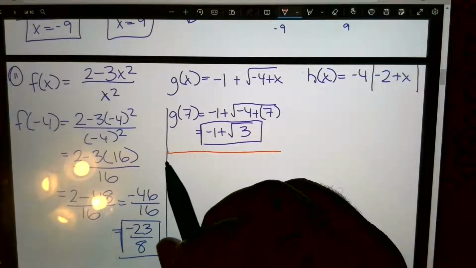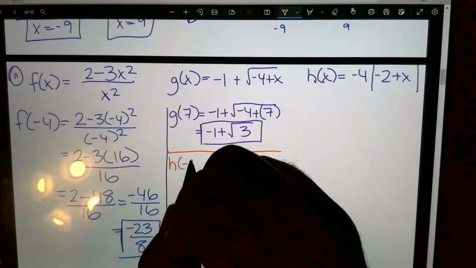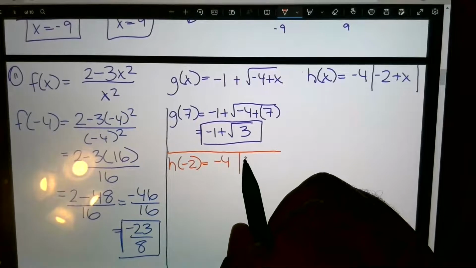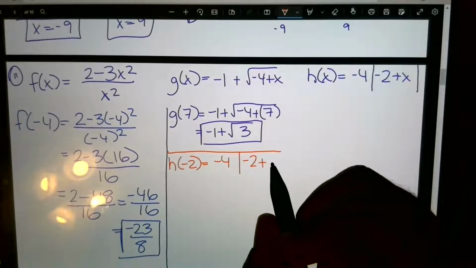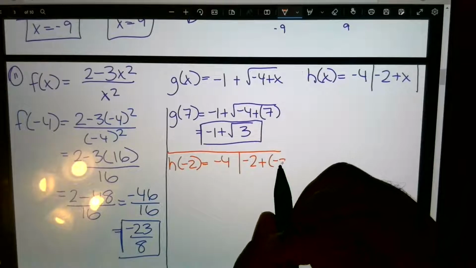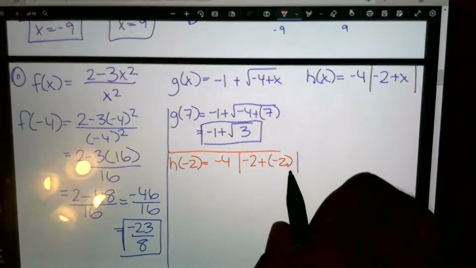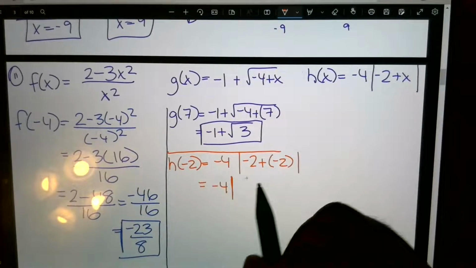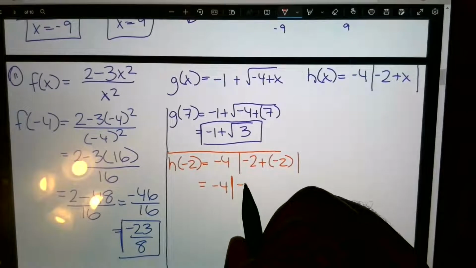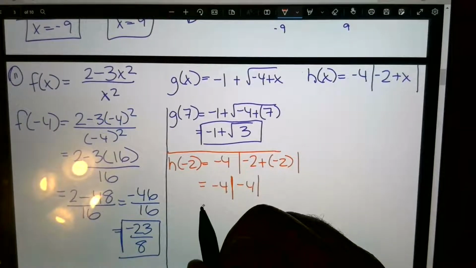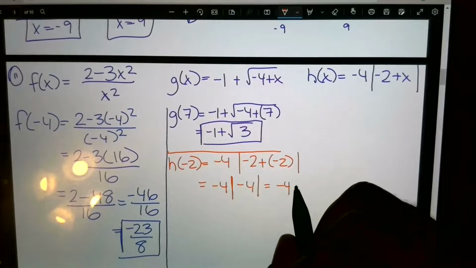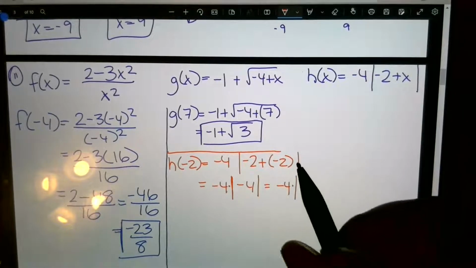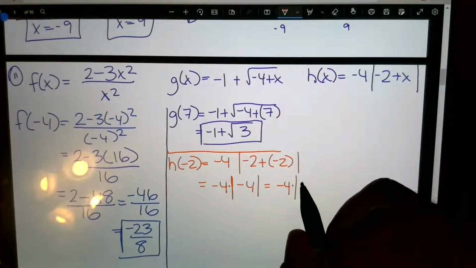And then they want h of negative 2, which is negative 4 times the absolute value of negative 2 plus negative 2. These are absolute value bars. I mentioned that. They turn everything positive because they're a distance. Negative 4 times negative 2 plus negative 2 is negative 4. If it helps, I can put a little multiplication symbol right there.